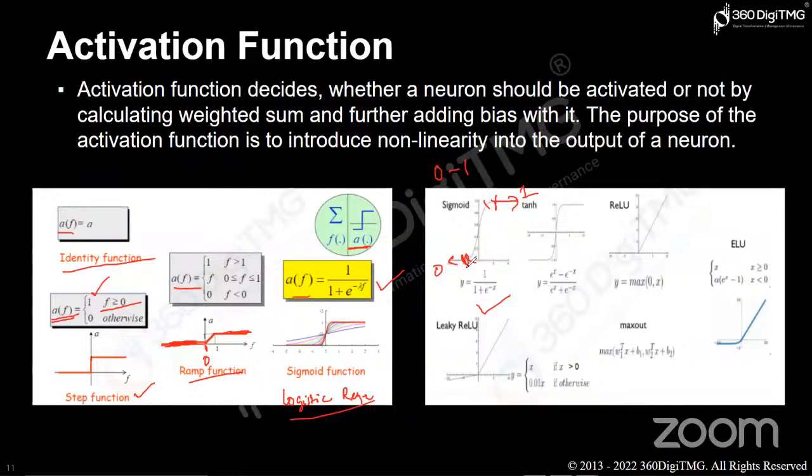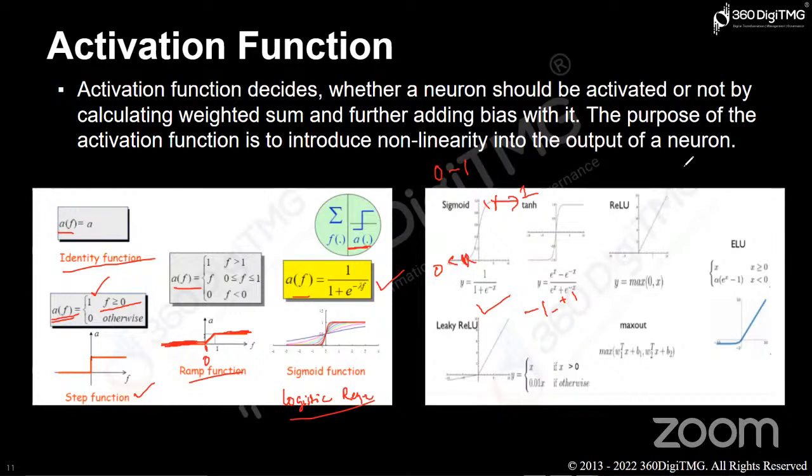Between these two, we can have a continuous value. Similar to this, we also have tanh, but tanh varies from -1 to +1.